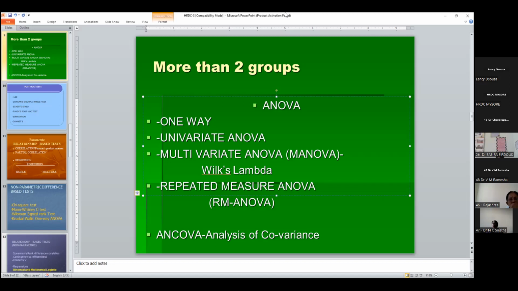Then you have ANCOVA, or analysis of covariance, when you think that your data is being influenced by other unwanted variables which are not included in your data sheet. Suppose you want to measure the academic performance of PUC students. Now there could be a lot of variation in a particular year when the corona batch was announced, when the PUC students were given free scores. They have not undergone any tests, but they are just given the scores. So much so that 100 out of 100, which is not generally possible.